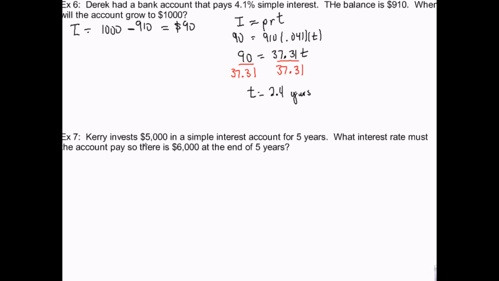Here we've got somebody investing $5,000 in simple interest for 5 years, and we want to know the rate. So we've found principal, we've found time, now we're finding rate. We want to know how much interest. We want 6,000 at the end, so we have to do 6,000 minus 5,000.